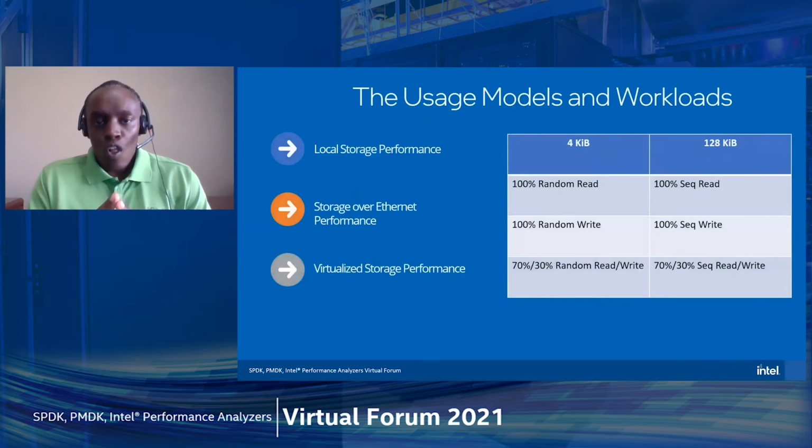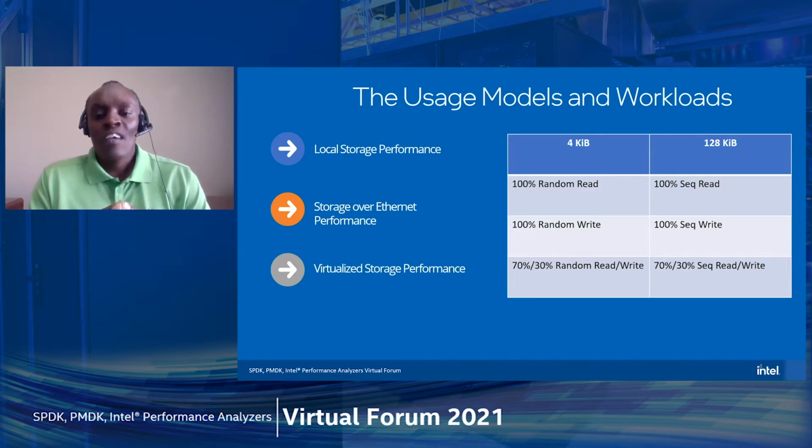For all three block storage usage models, the local block storage benchmarking, benchmarking block storage over Ethernet, and virtualized block storage, we use 2 block sizes. For the small block workloads, we use a 4 KB block size, and we run 3 workloads.